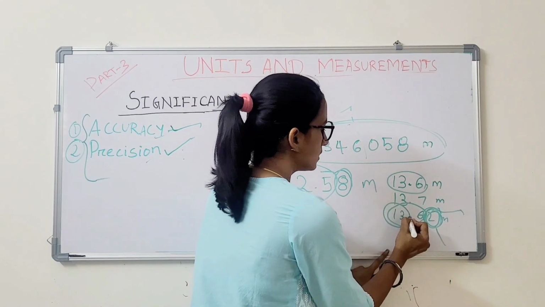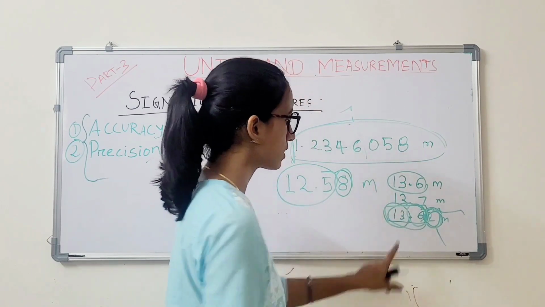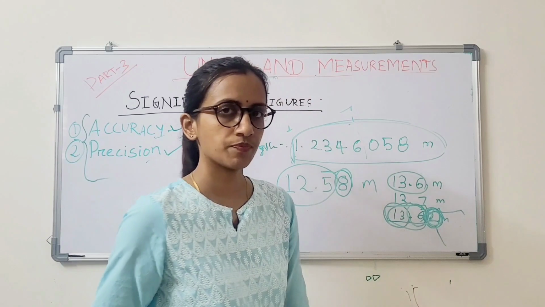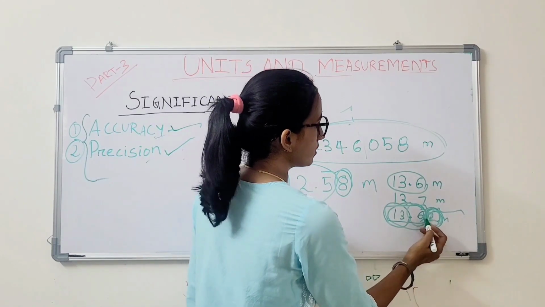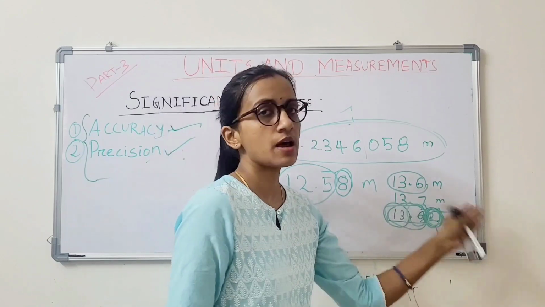So, what are the significant digits here? The reliable digits. This is also a reliable digit, 13.6. These are the reliable digits, and the first doubtful digit. The first doubtful digit is the next digit which is next to our last reliable digit.